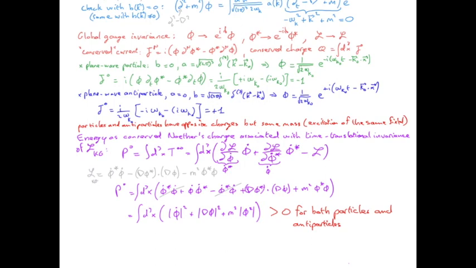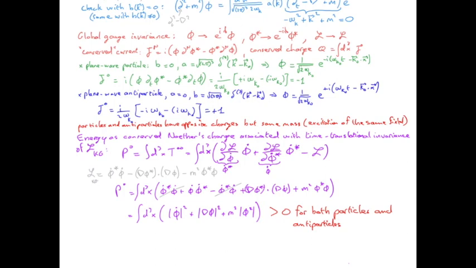And indeed, what we find at the end is that we have positive and negative time frequency solutions for the free Klein-Gordon Lagrangian. And the positive frequency are associated with particles, while the negative frequency are associated with antiparticles, but both have a positive energy.